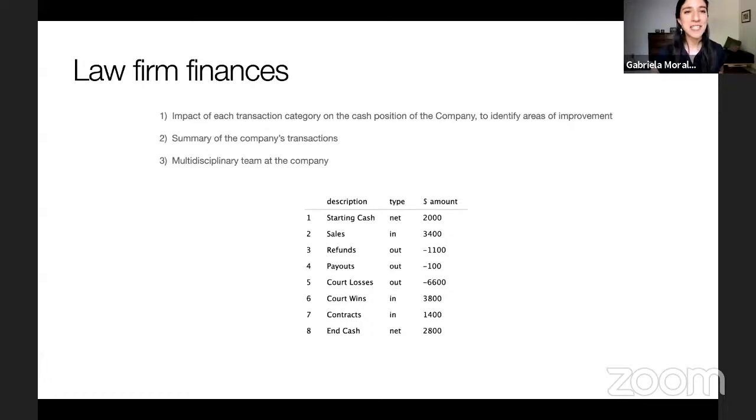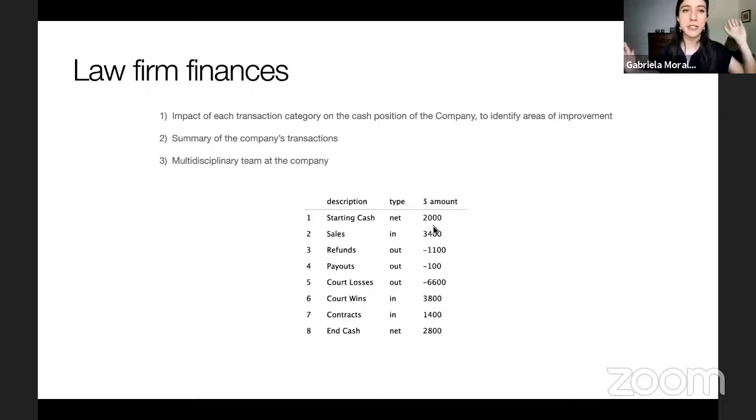Okay, let's talk about this problem. We want to show the impact of each transaction category on the cash position of our company, to identify areas of improvement. As our relevant data, we have the summary of the company's transactions, which is this table.